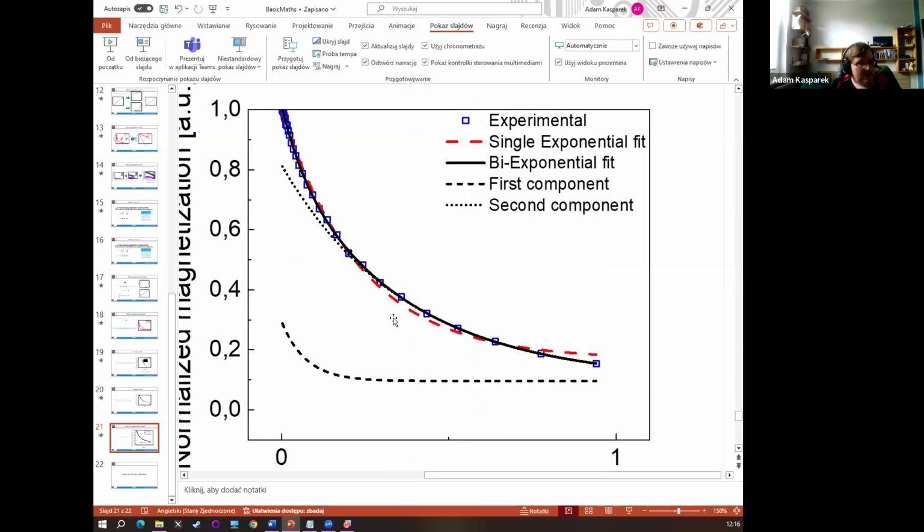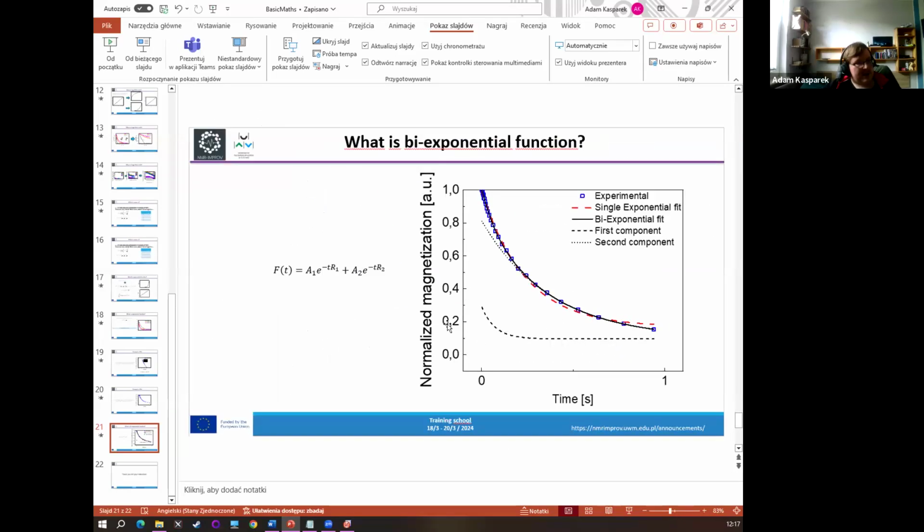If we divide it into two components, the first component has a much bigger relaxation rate, so it goes to 0 much faster.